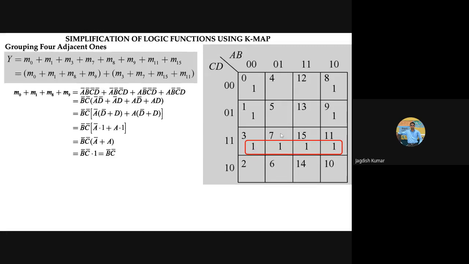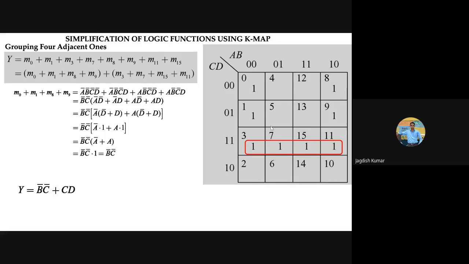So there will be one term in your Boolean expression which will be nothing but CD only. This is the CD term coming from this set of 4 ones, because the presence of AB is immaterial. Whatever they are, the output remains unchanged.